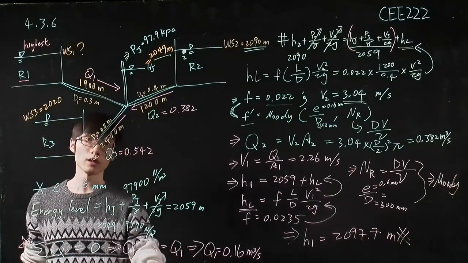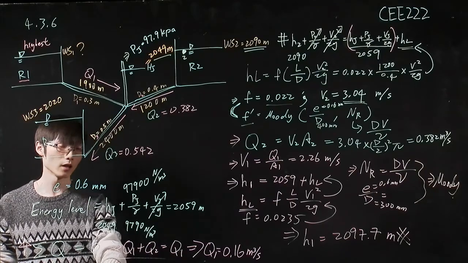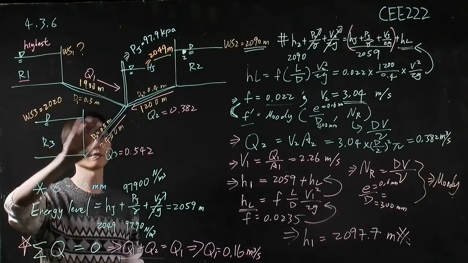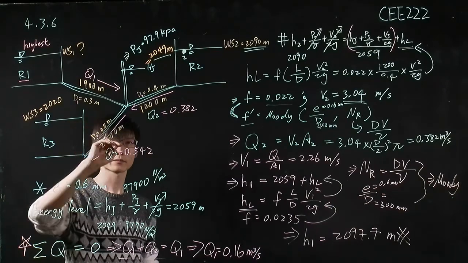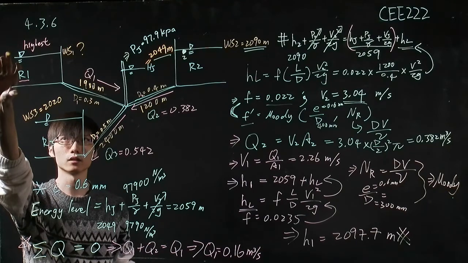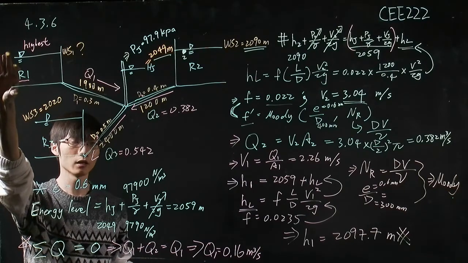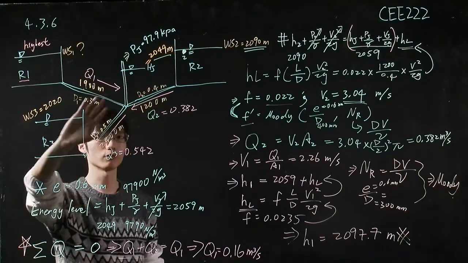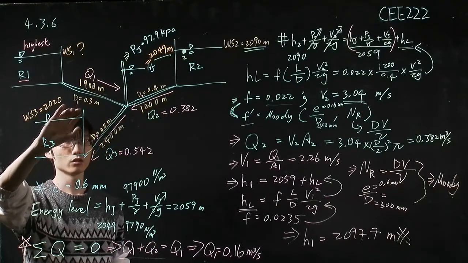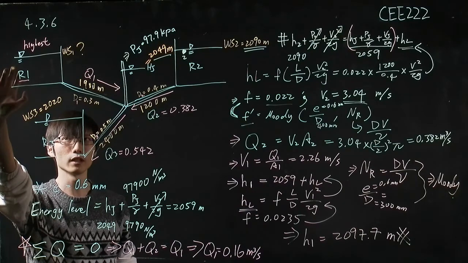So let's just do the final review of this problem. We have this three-reservoir setup, but we don't know the water level for reservoir 1, and we want to use all the information provided in this diagram to solve for the water level for reservoir 1.